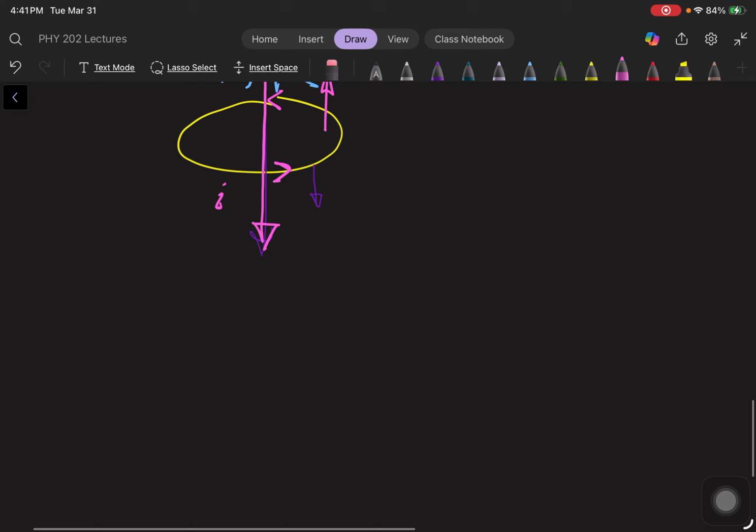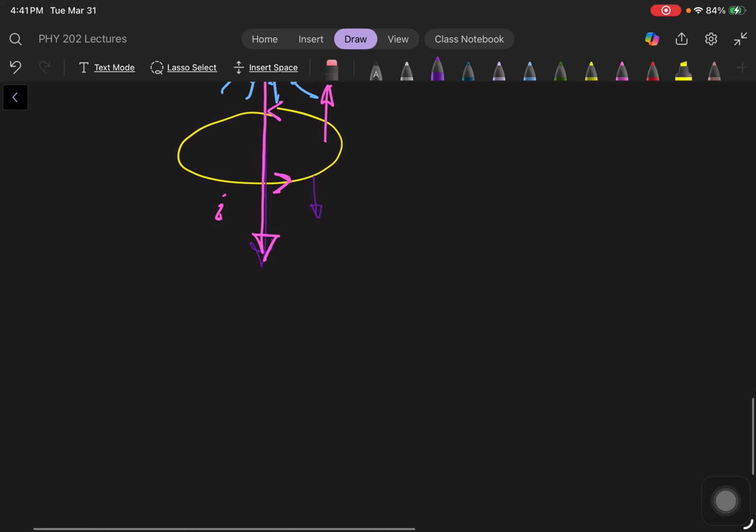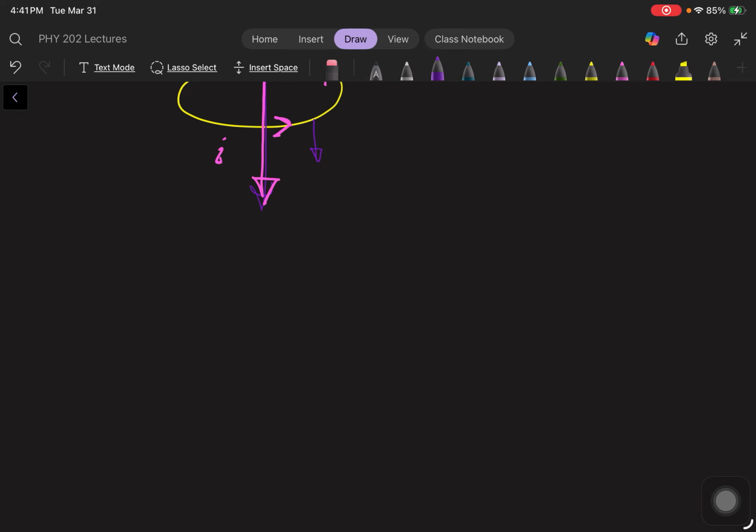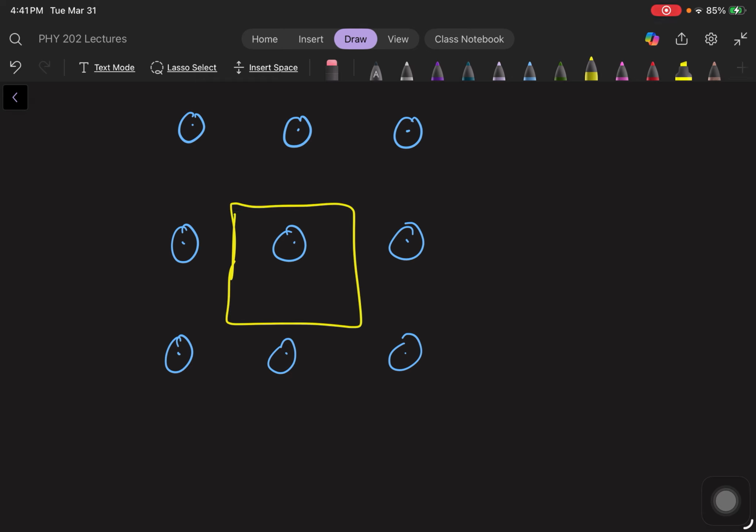Let's see. That's pretty much all we have for today. So I'm just going to do some conceptual examples. Let's say we have a magnetic field coming out of the board. And we have a square loop of wire.